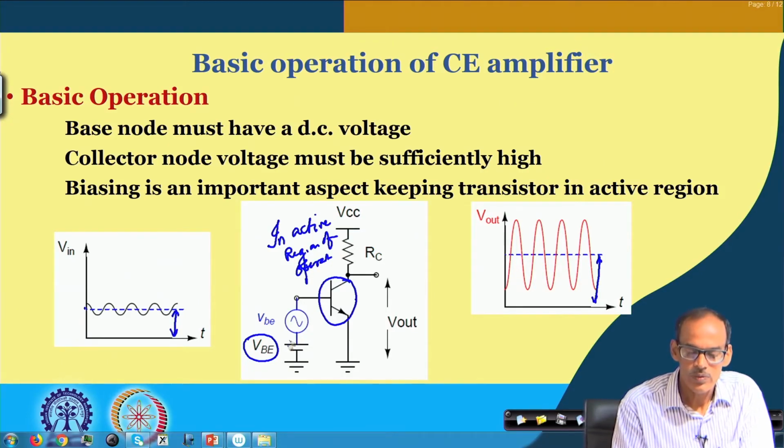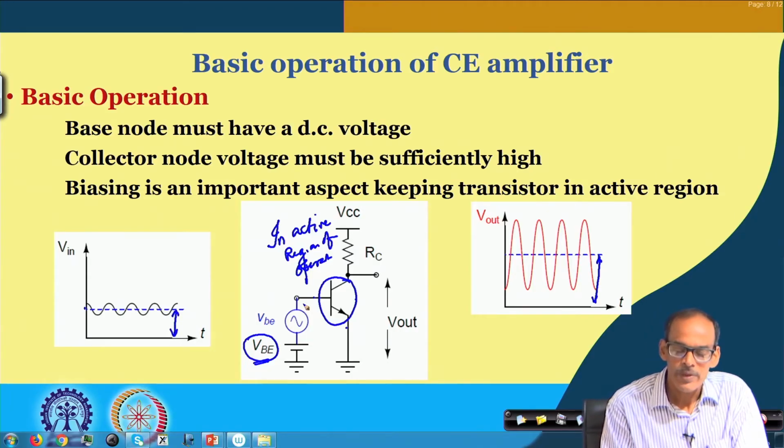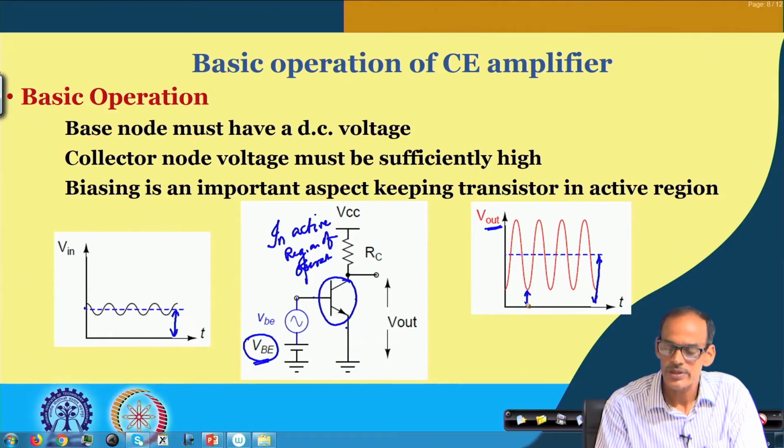For that we require a meaningful DC voltage that biases the base to emitter junction in forward biased condition, and likewise at the output it should have sufficient DC voltage. So that while at the output we have a signal, the instantaneous output voltage should be sufficiently high, even in the critical case when the signal goes to its minimum.